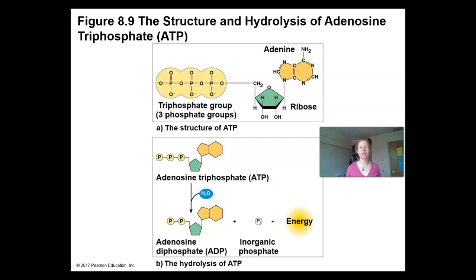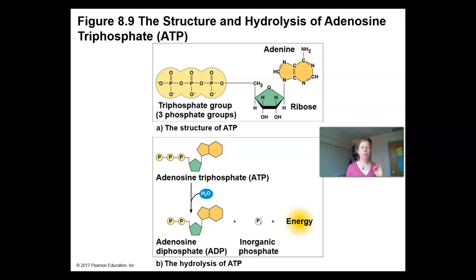Notice here we have ribose and adenine as our nitrogenous base. Ribose is our sugar. But instead of a phosphate, now we have three. So think about the backbone of your DNA: you had a sugar phosphate backbone and then a nitrogenous base. In this case, we'll have three phosphates.